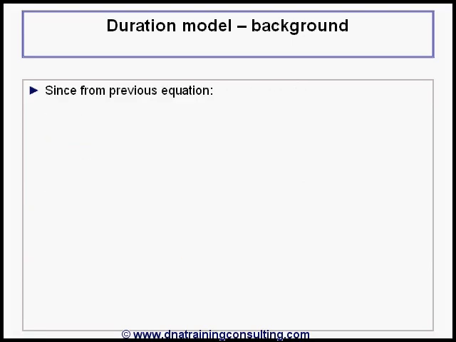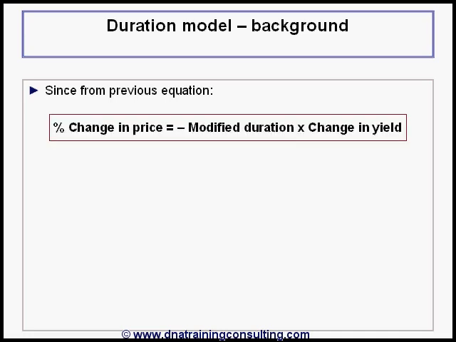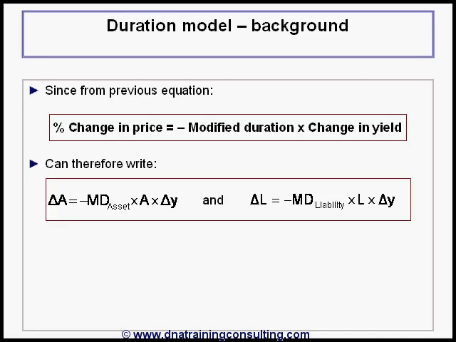Using our previous equation, namely that the percentage change in price equals minus the modified duration times the change in yield, we can therefore write the following for the change in assets and the change in liabilities.